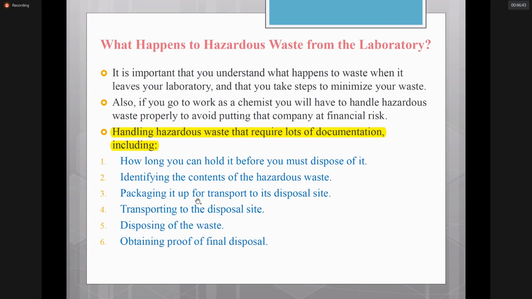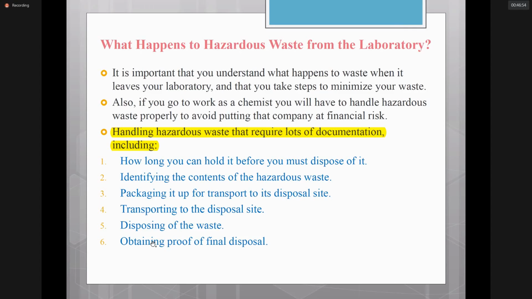Packaging it for transport to its disposal site. Transporting to the disposal site. Disposing of the waste. Obtaining proof of final disposal. You have to take proof that you disposed of this chemical.